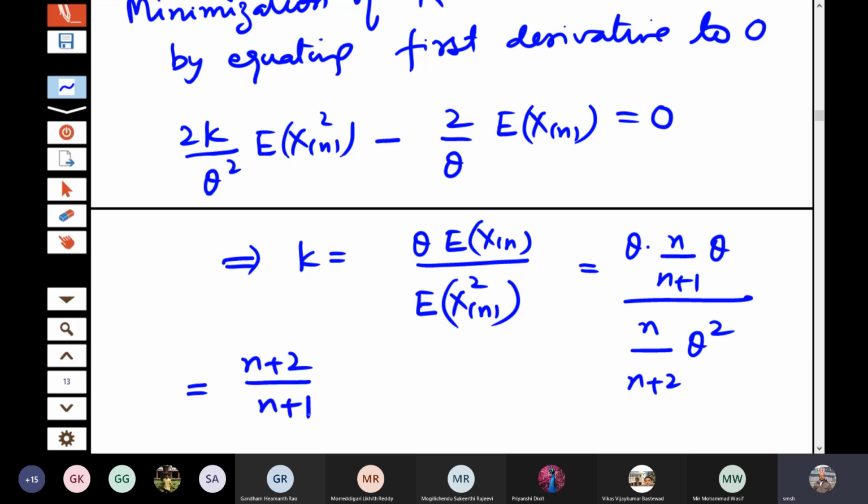Now this is something surprising. The best choice is neither the MLE nor the UMVUE.